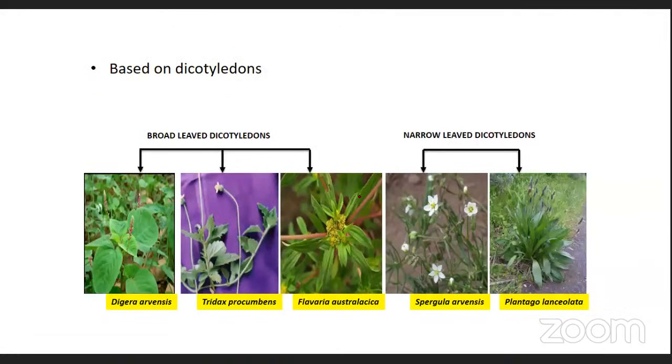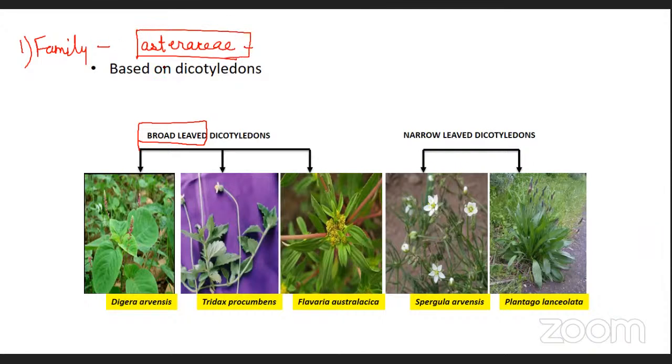Now let's see about your broadleaf weeds. We should focus on this. They are usually dicotyledons, and if we talk about the family in the broadleaf weeds, the most important family is the Asteraceae family, and so many other families are also there, like Amaranthaceae, Fabaceae, Polygonaceae, Solanaceae, but the most important one is the Asteraceae.